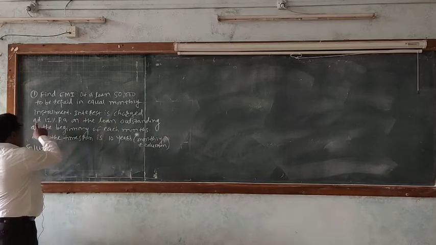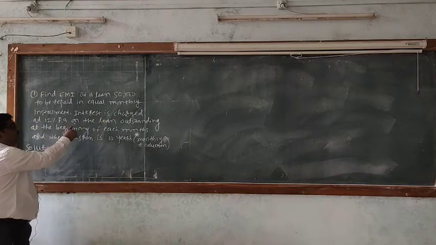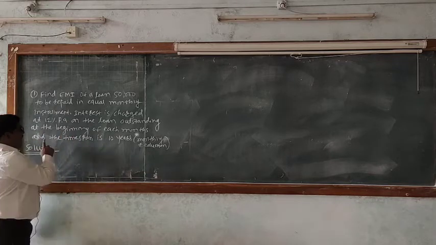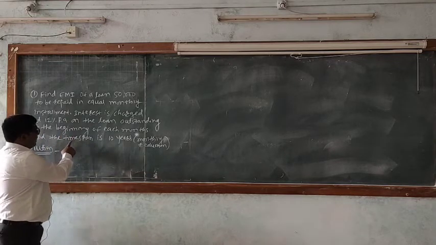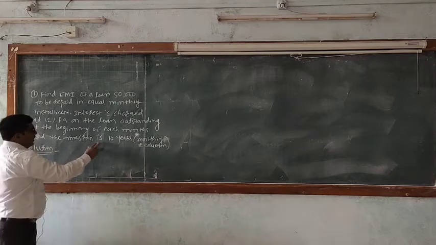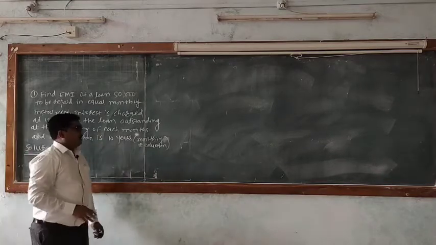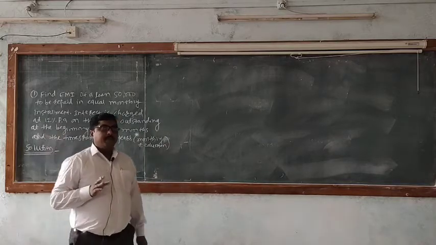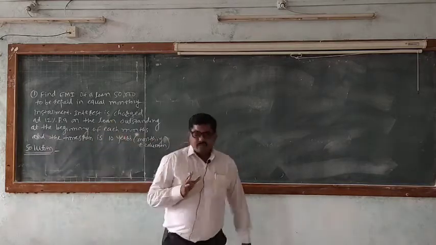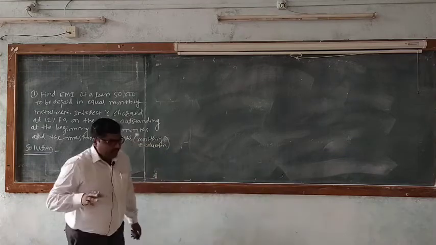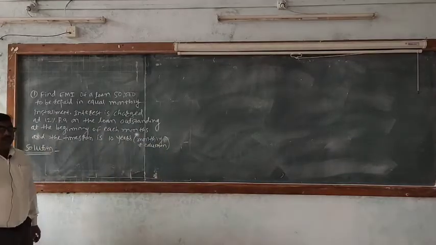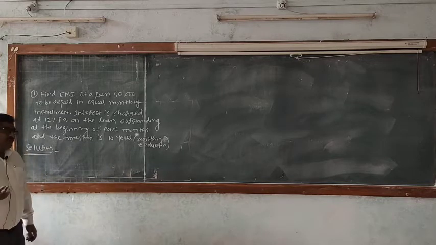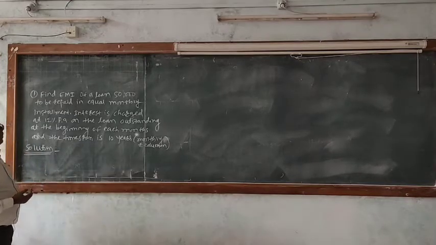Interest is charged at 12% per annum on the loan outstanding at the beginning of each month, and the time span means time period is 10 years, right? Your reduction is monthly, right? So this is your problem, right? Again I will tell you, if you have any problem, first read it carefully, and the next thing is what? Write down the given.